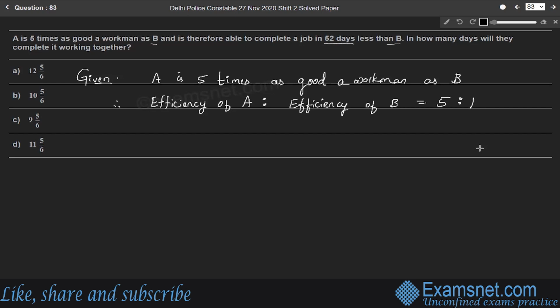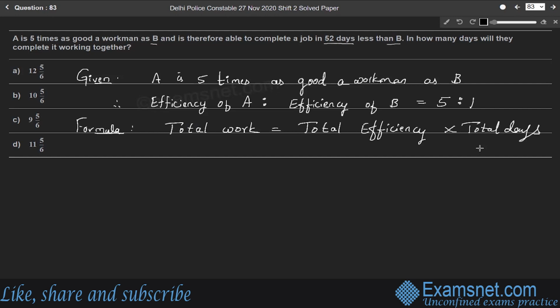Do you agree? Right? So formula here: the total work is equal to total efficiency into total days.